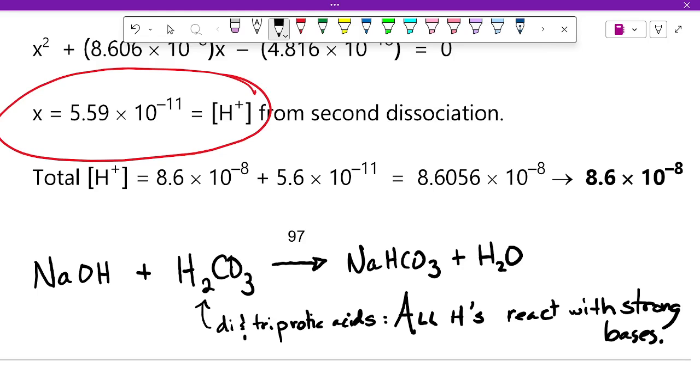How many hydrogens have dissociated? Just 1, right? And you're not going to get that second dissociation. But the moment a strong base comes along, all the hydrogens get ripped off. Thank you guys so much. I appreciate it.